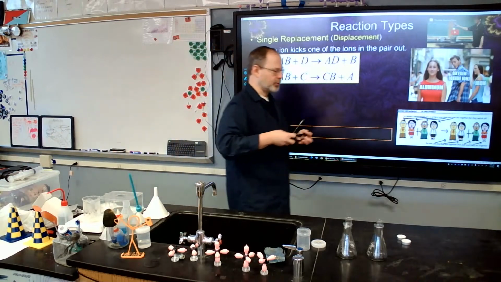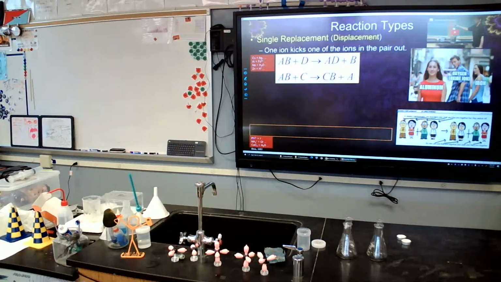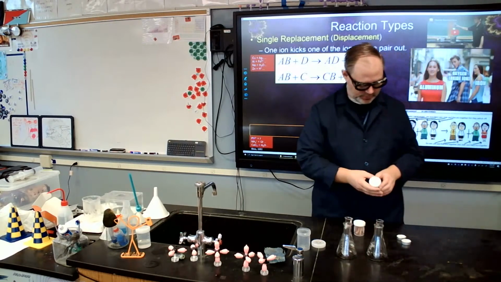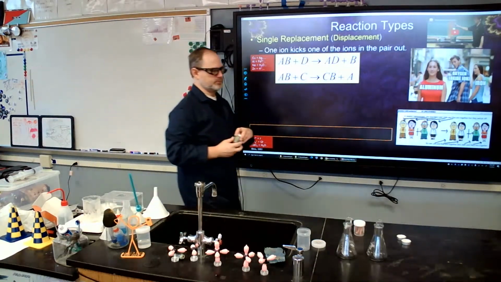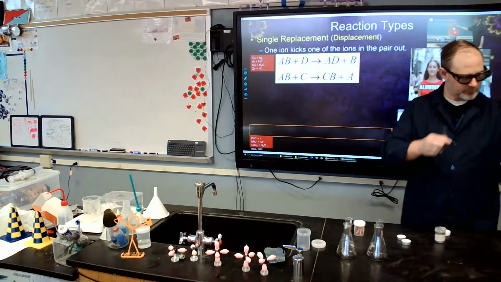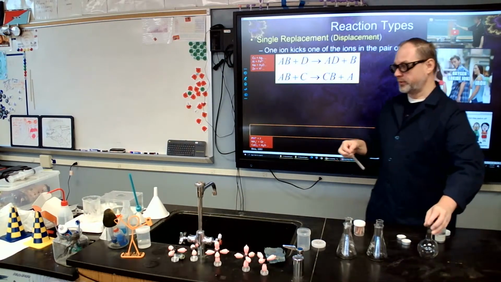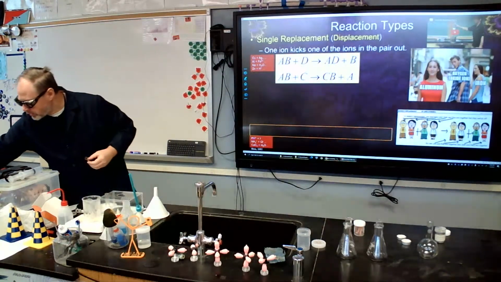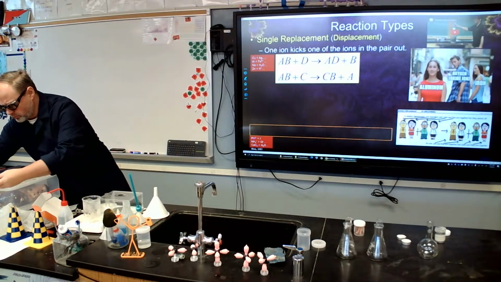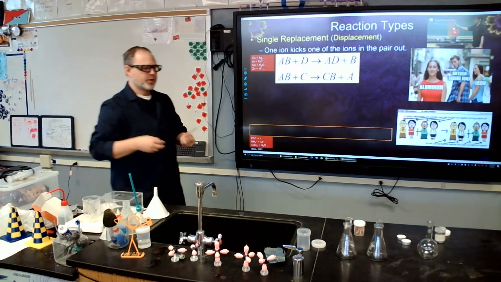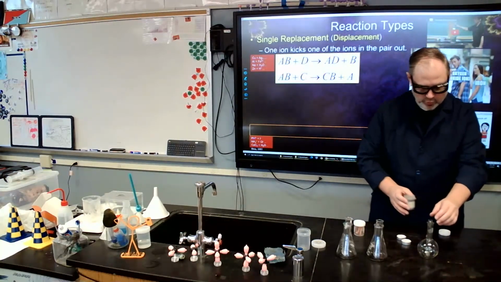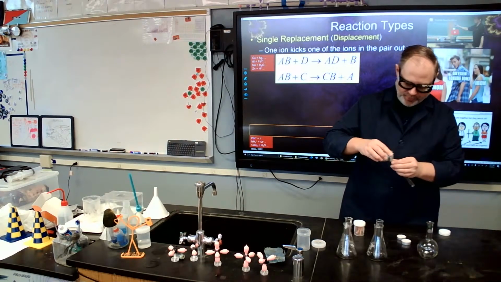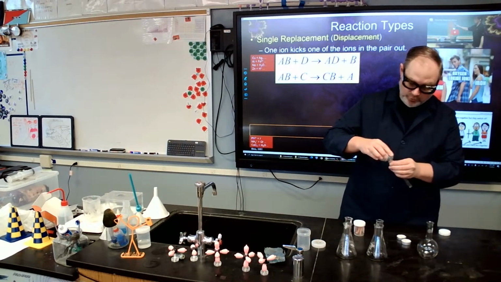One of the coolest single replacement reactions you actually did when you made the silver ornament. We're going to do it again. So I'm going to take a little test tube. This test tube is too little. When you did the silver ornament, you had some silver that was in solution, and you added to it some compounds that kicked the silver out of solution.